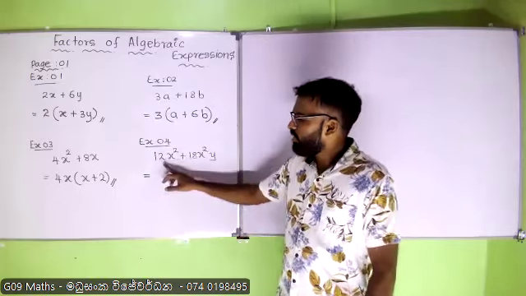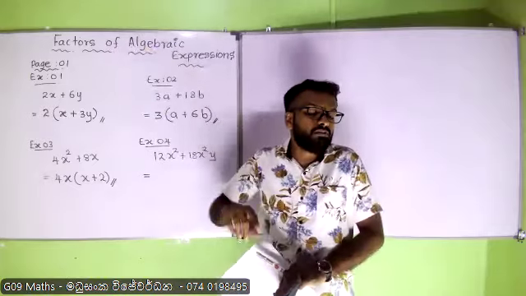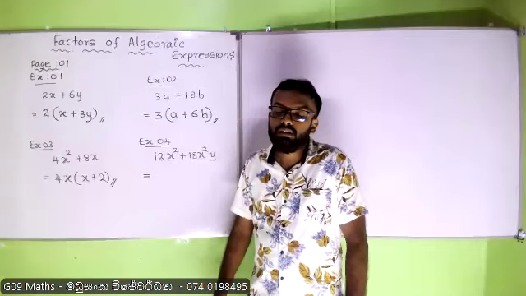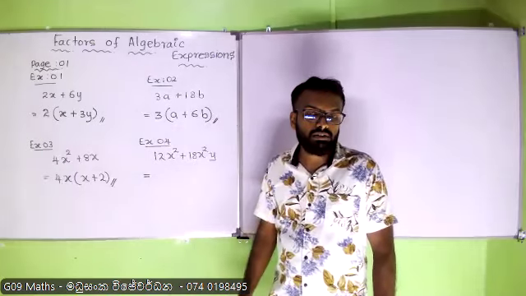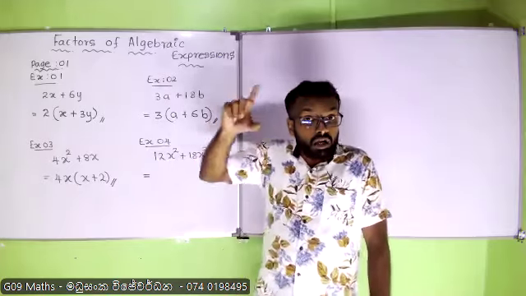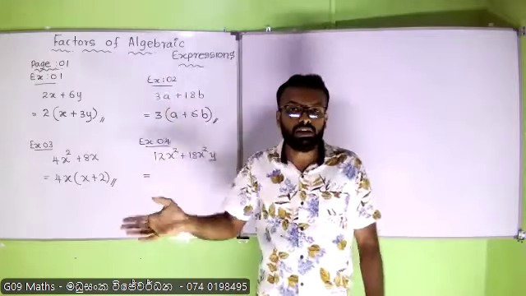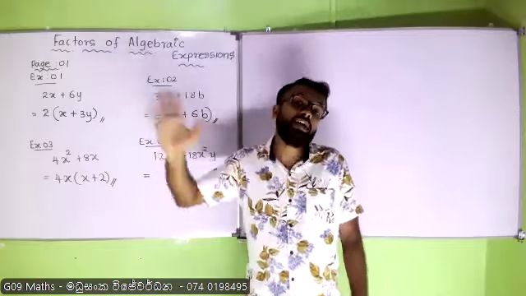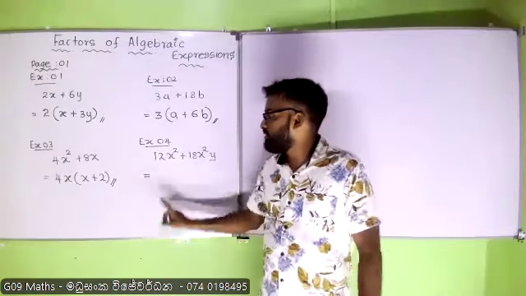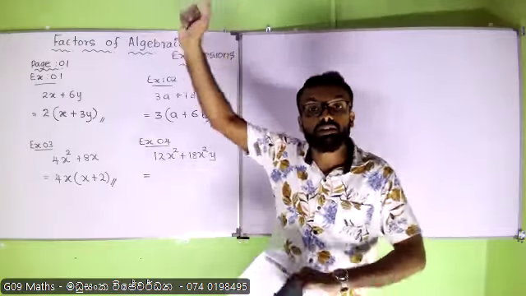If you are telling me 4, that is not the highest common factor for 12 and 18. 4 is a common factor, yes, but not the highest common factor. The highest common factor is 6. So you can take the numerical value, the highest common factor 6, out.